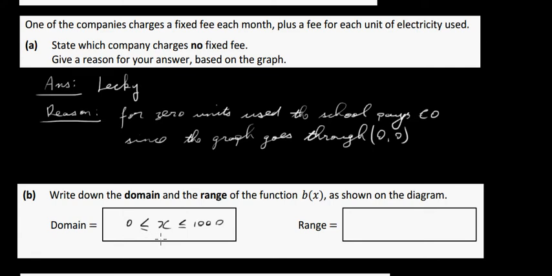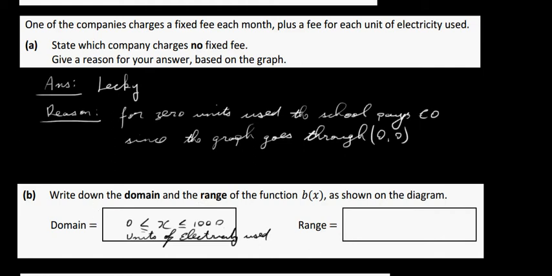And these are units. So these are units. So from 0 to 1,000.